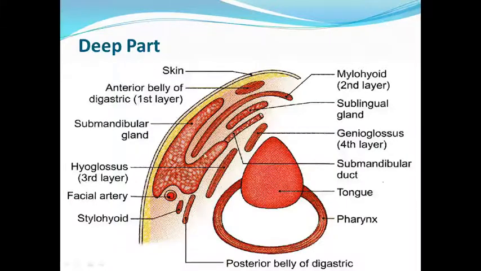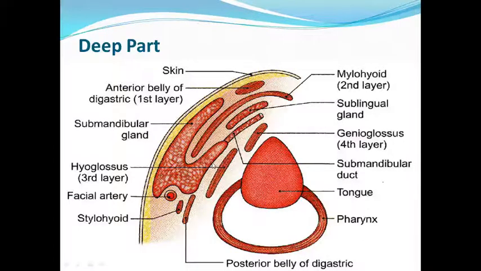You can see in this figure that this deep part is situated superficial to the hypoglossus muscle, whereas deep to the mylohyoid muscle, or you can also say that this deep part is in between the mylohyoid muscle and the hypoglossus muscle.